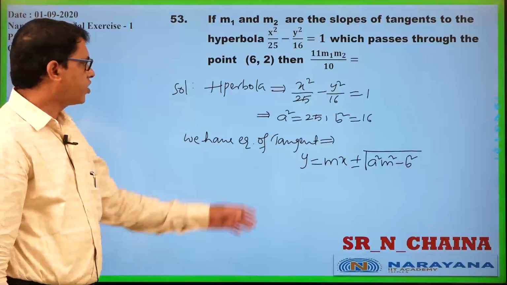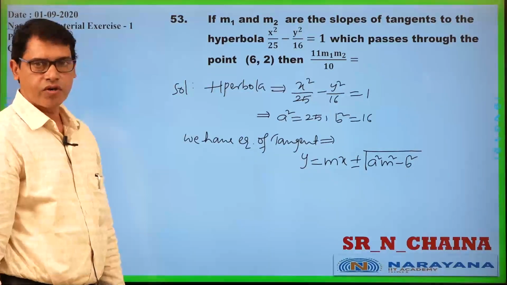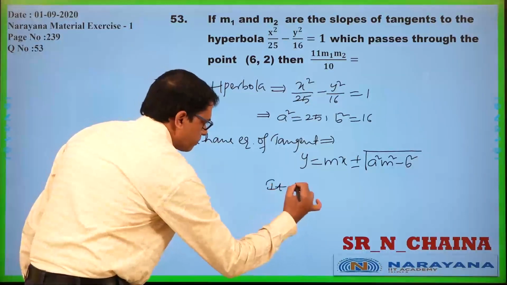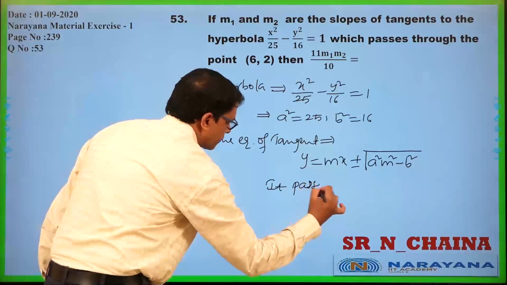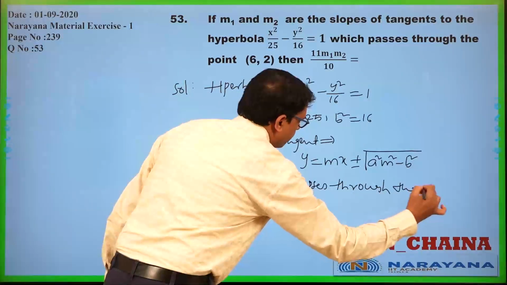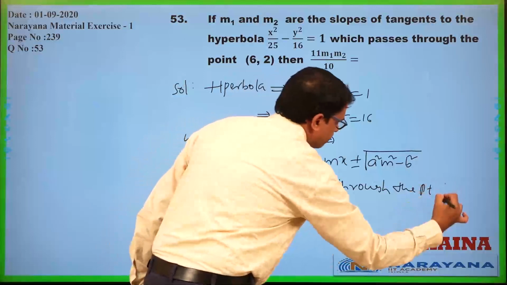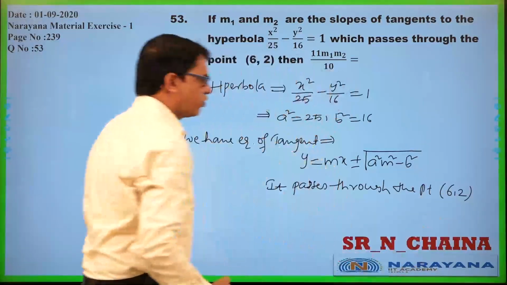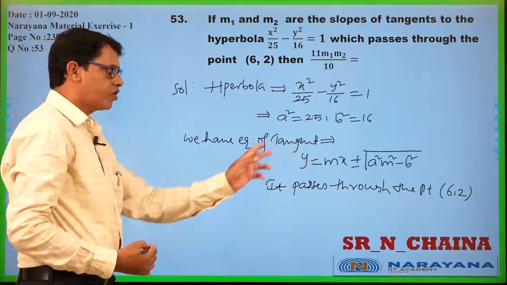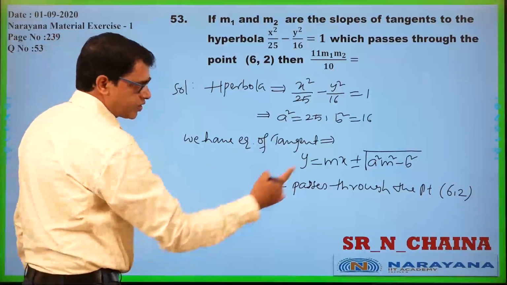So given that it is passing through which point? 6, 2. So it passes through the point 6, 2. So substitute the point, in the place of y 2, in the place of x 6.